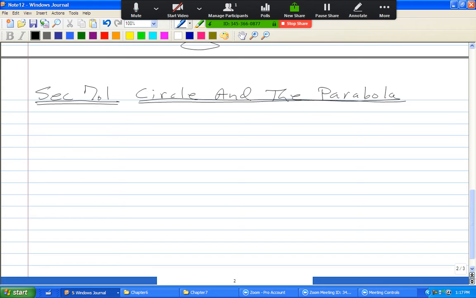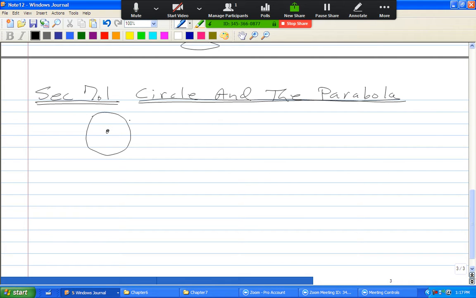Okay, so first, a circle. A circle is the locus of all points equidistant from a fixed point called the center of your circle, and that fixed distance is called the radius of your circle. Suppose you have a circle centered at the origin of radius r.